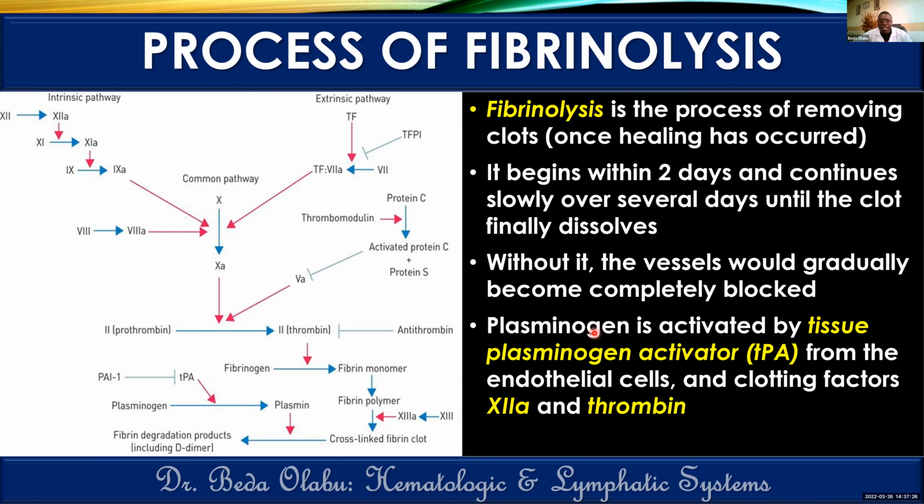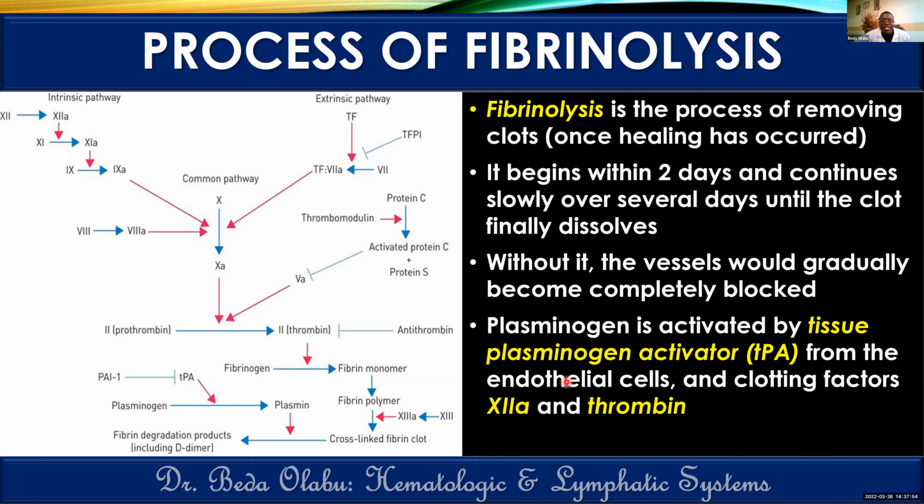So there are many things that activate the process of fibrinolysis. Importantly, we have something called plasminogen that helps to break down a clot. But this plasminogen is usually activated by another thing which we call the tissue plasminogen activator, which is produced by endothelial cells.